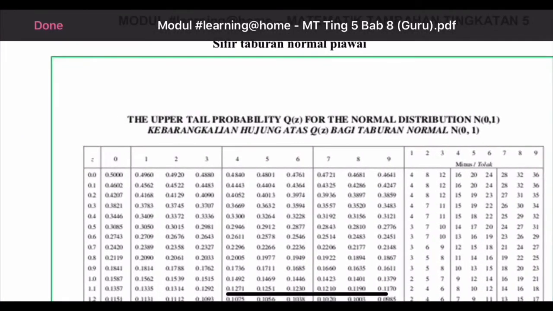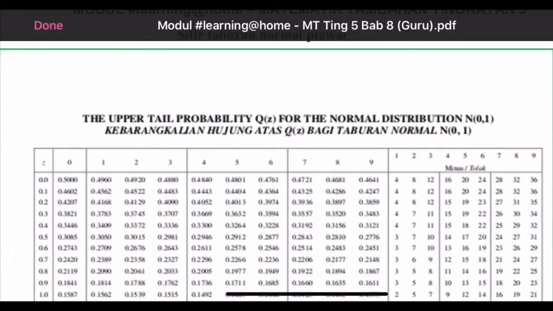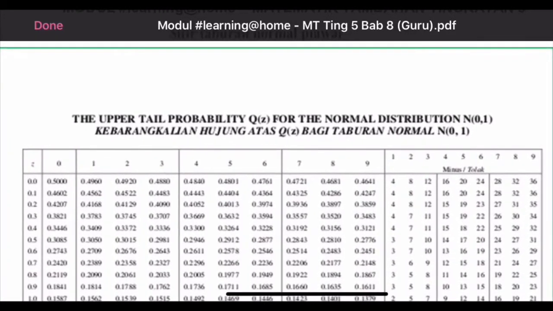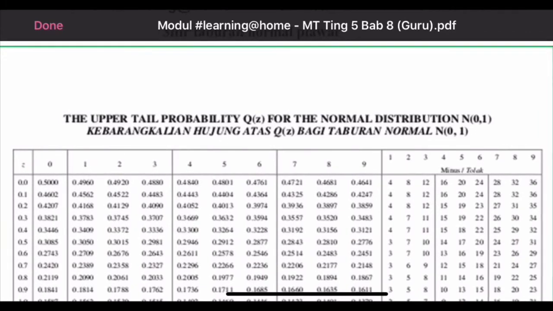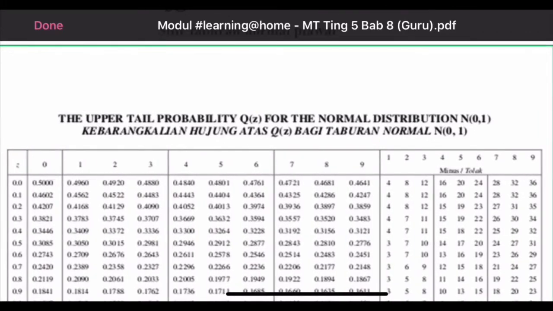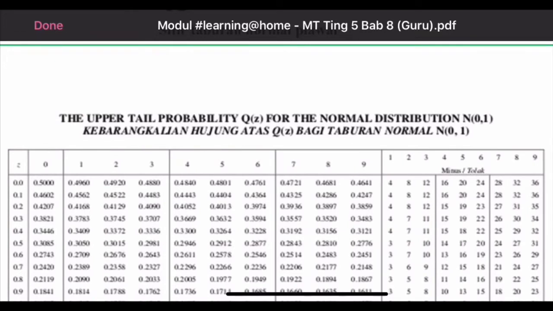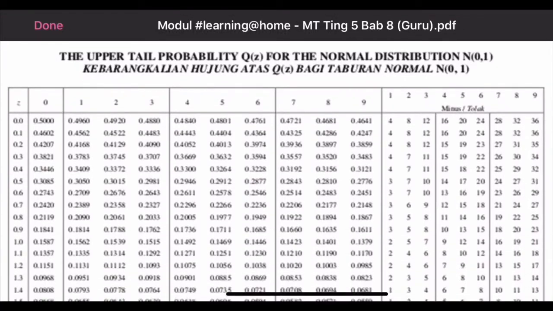Sometimes it's just an attachment behind the booklet, so you can refer to and use it. All the data will be provided. In the table you can see there are z-scores at the left side corner, and the top part, the first row, is also z-score.